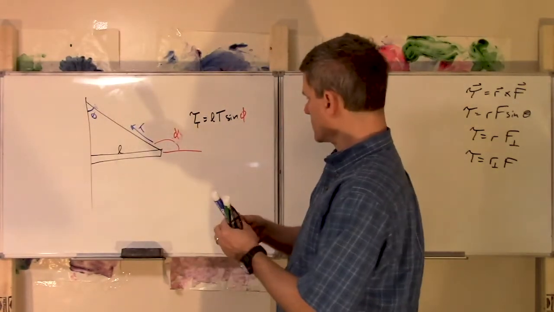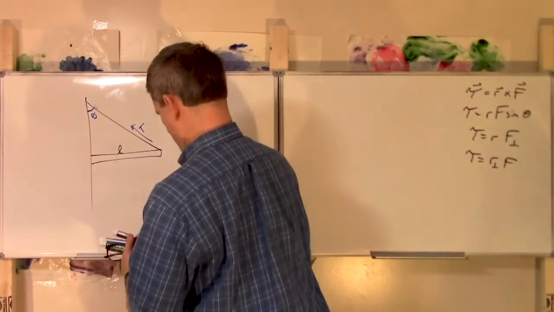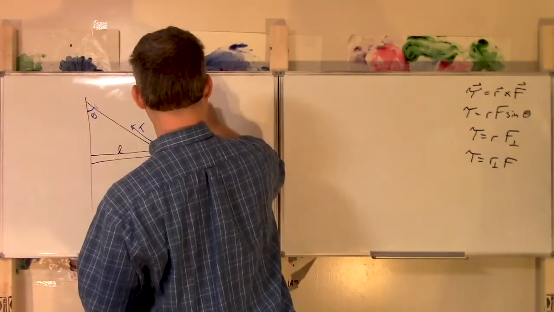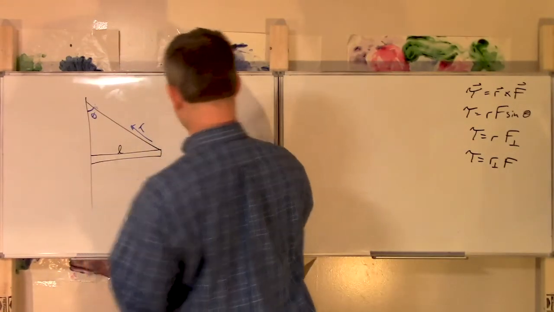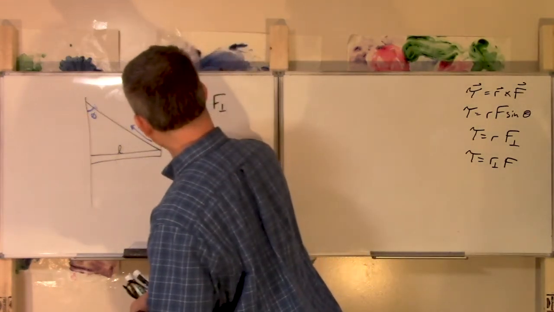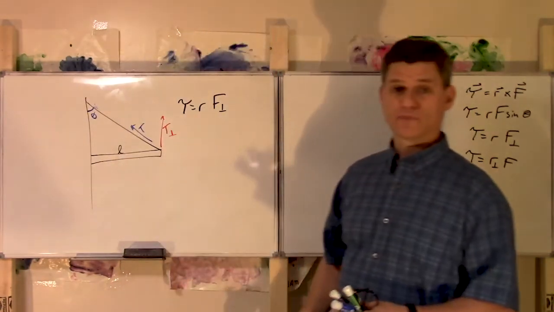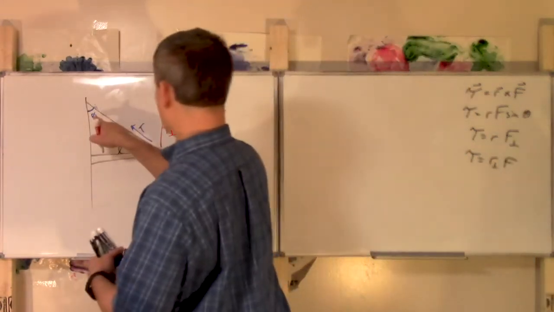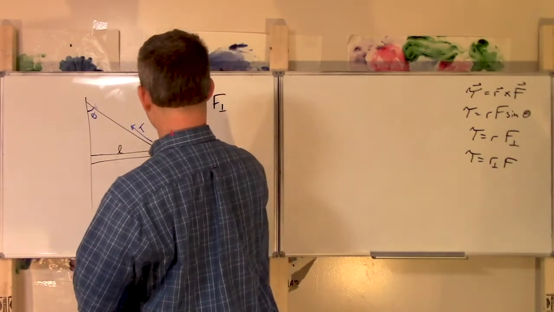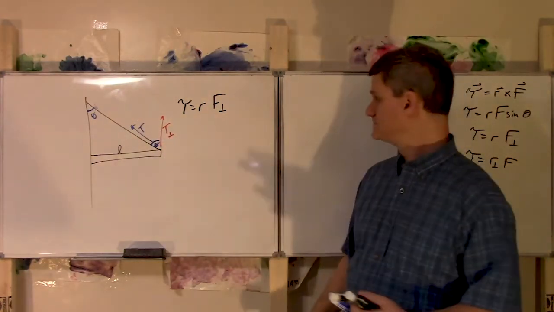However, what we tend to do in this case is use the expression torque equals R F perpendicular. We look at the component of the tension that is perpendicular to the beam, perpendicular to the R. That's going to be quite helpful. In fact, this angle is equal to this angle, so T perpendicular is T cosine of theta.